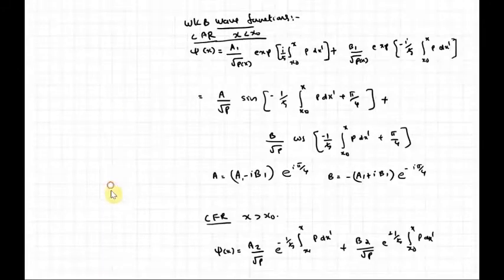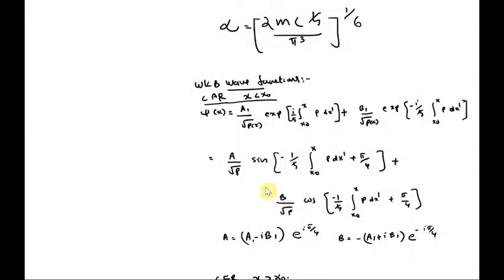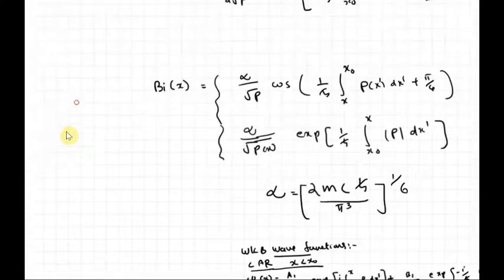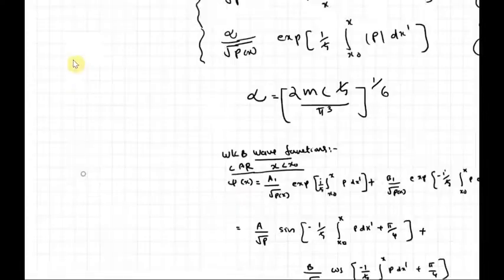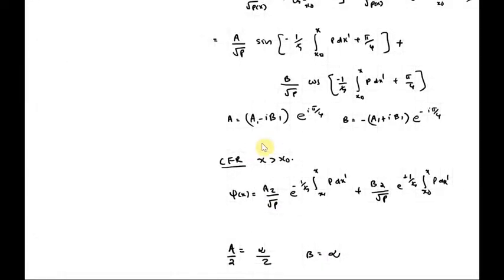Okay, what about B, the cos term? Again, that is going to be alpha. So A and B both are alpha for you, and you will be able to find out A1 and B1 by substituting that in this expression if you want.